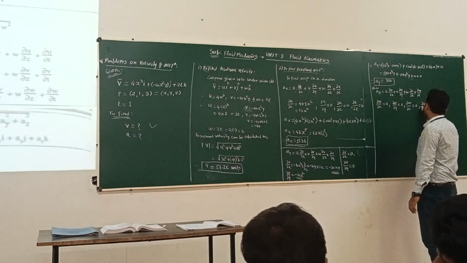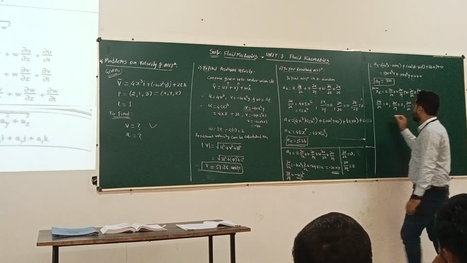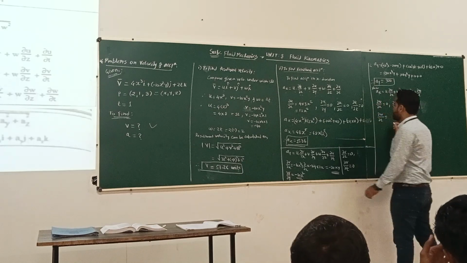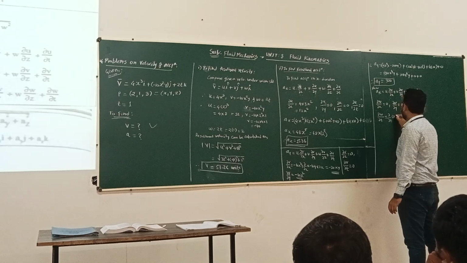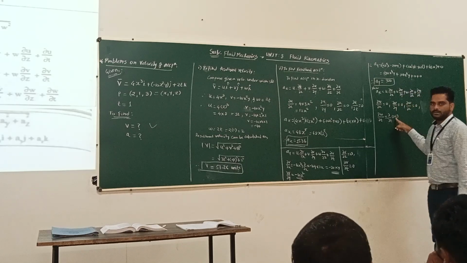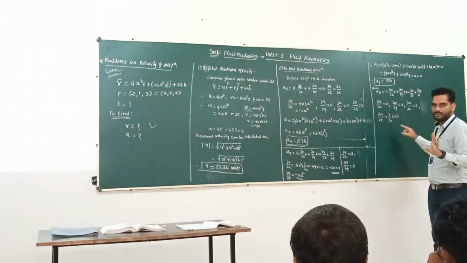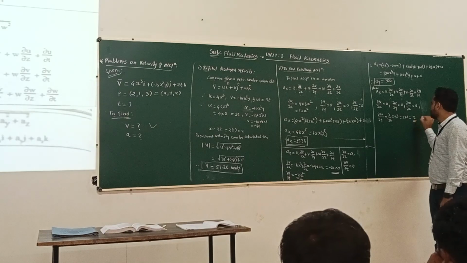And derivation of w with respect to t means, solve here, derivation of 2t. 2 is constant and derivation of t with respect to t is 1. So 2 into 1 is 2. Okay.